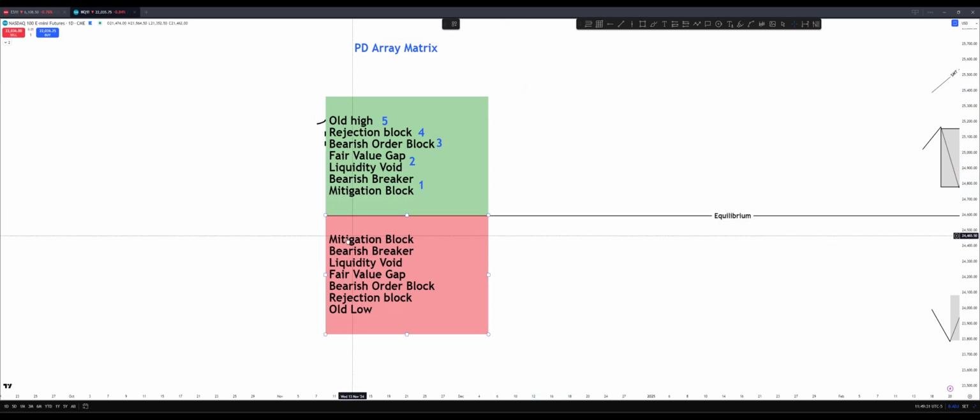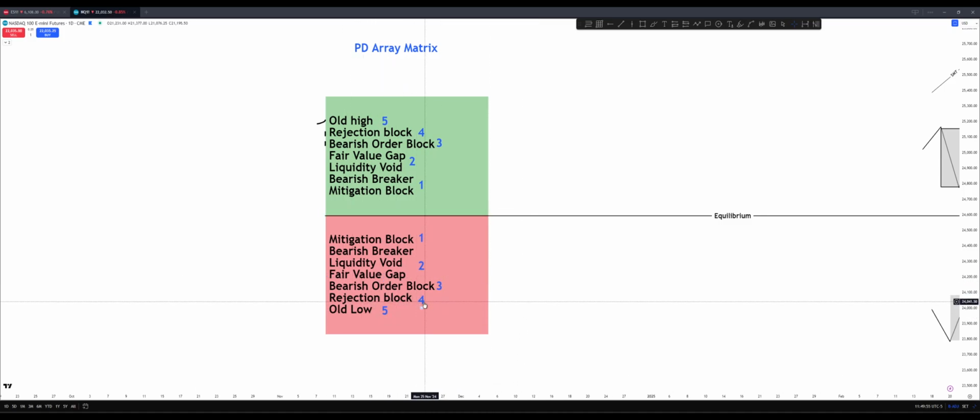The same thing with the bullish scenario below equilibrium. On our bullish dealing range, we have number 1, number 2, number 3, number 4, and 5.